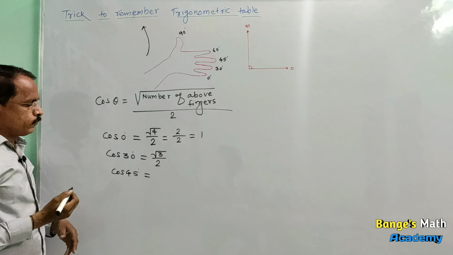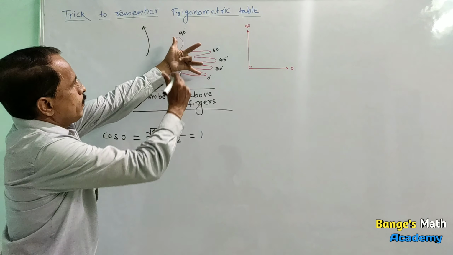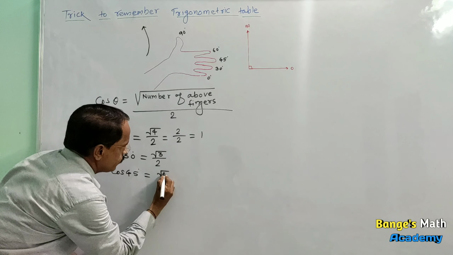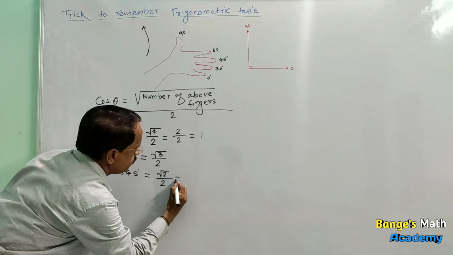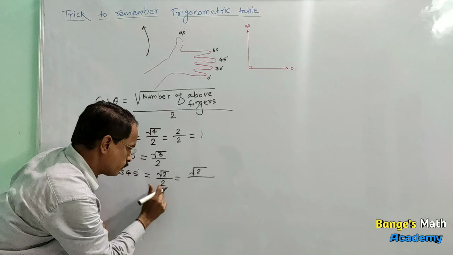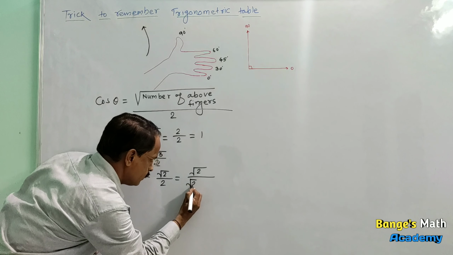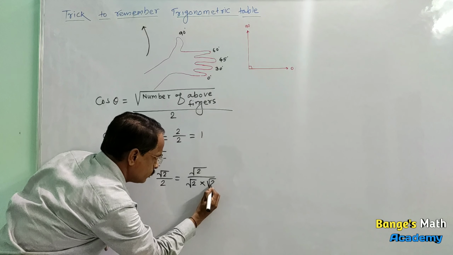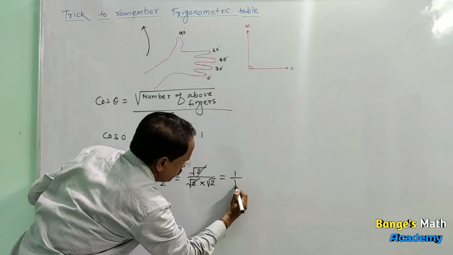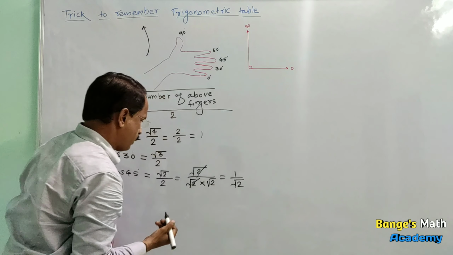Then cos 45, number of above finger 2, square root of 2 upon 2 is equal to, simplify this, root 2 upon, this 2 can be written in this way, root 2 into root 2, root 2 get cancel, is equal to 1 upon root 2.